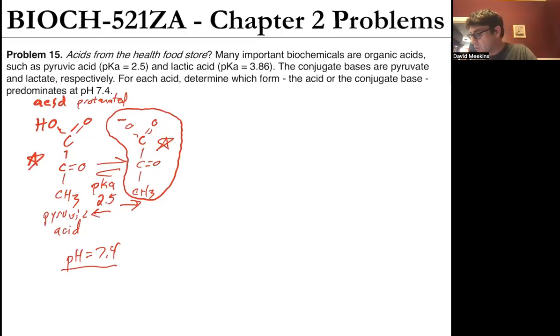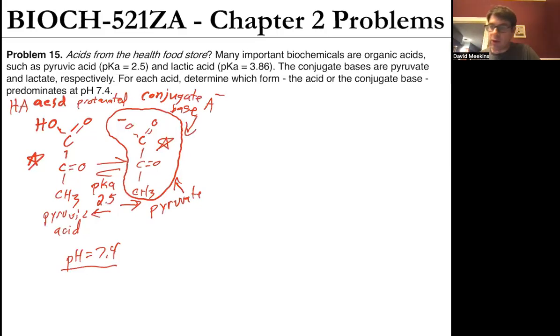So this one's pyruvate right here, the conjugate base, also called A minus, and this is called HA here. Sorry, it's a little bit messy, but hopefully you can follow along.